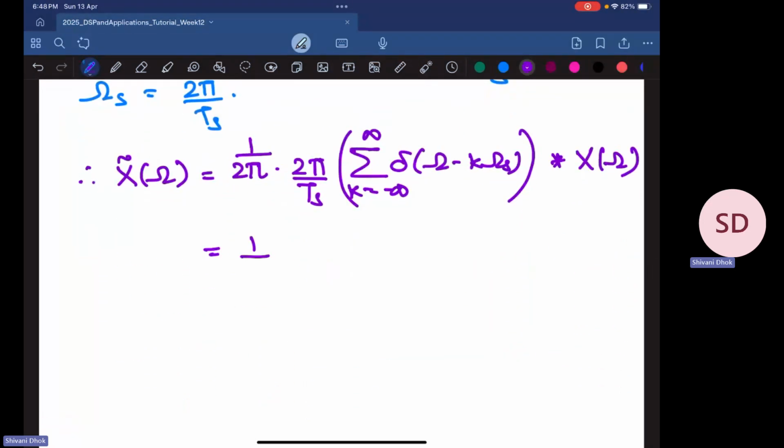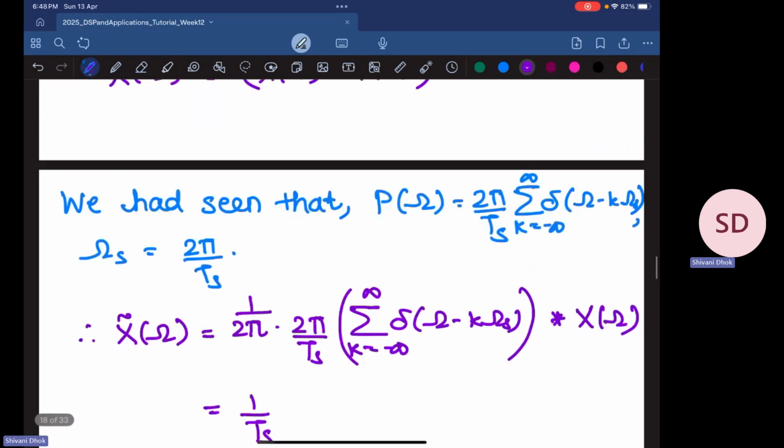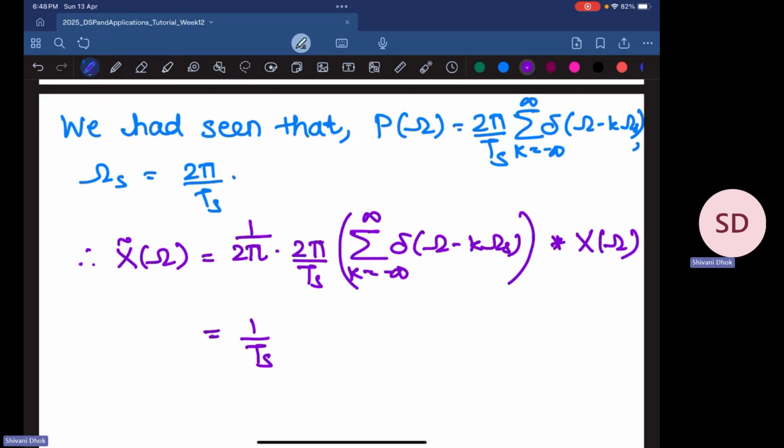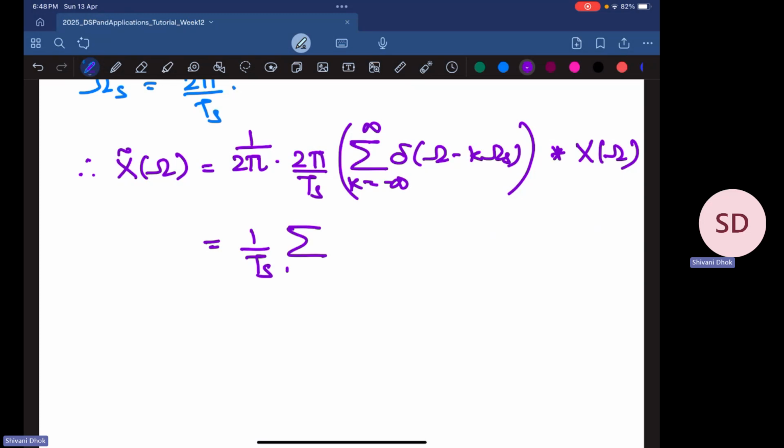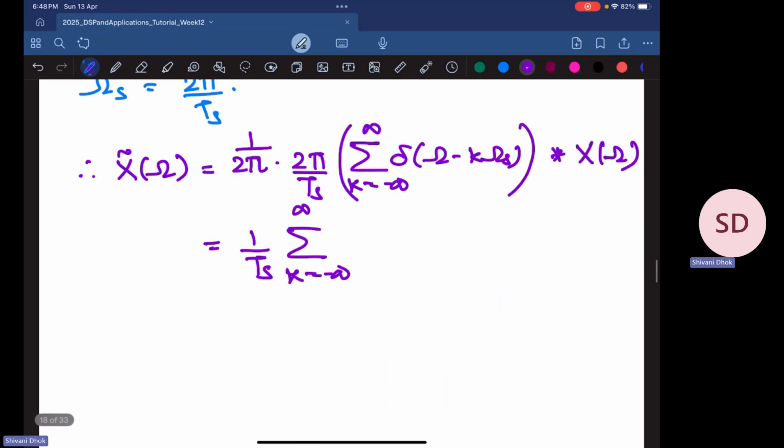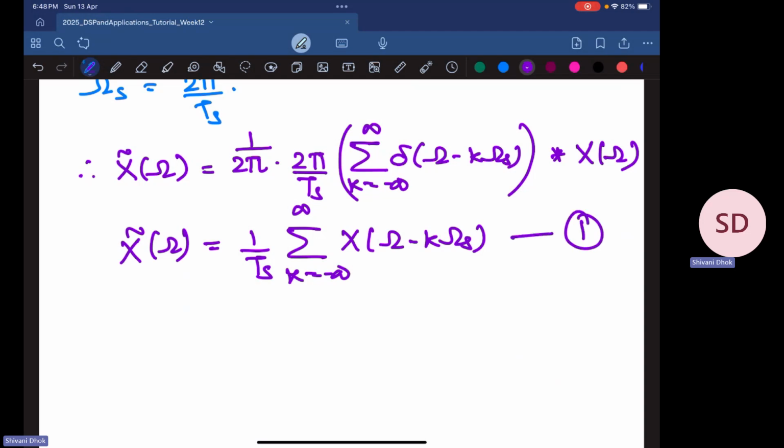So what do we get? We get 1 over Ts summation k running from minus infinity to infinity X of omega minus k times omega s. Okay, so this is my x tilde of omega. This is my equation 1.